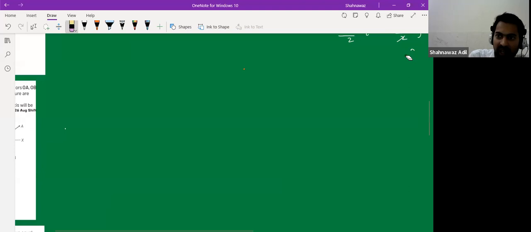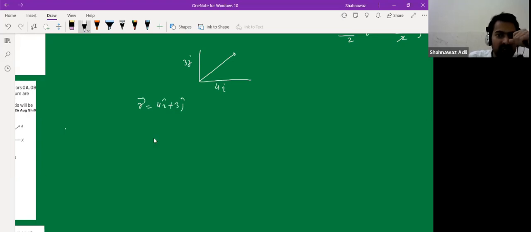So let's say you have some perpendicular vectors, right? Let me recall you guys. Let's say this is 3j and this is 4i, right? So your vector is like this, 4i plus 3j. And if I want to calculate the angle, so what would be the angle then? 3 by 4, right?